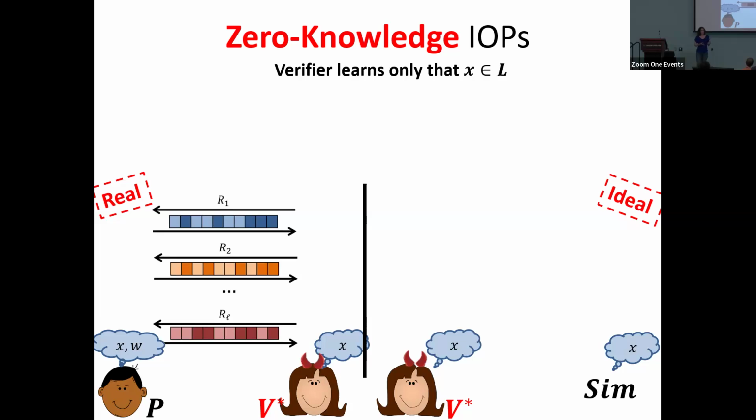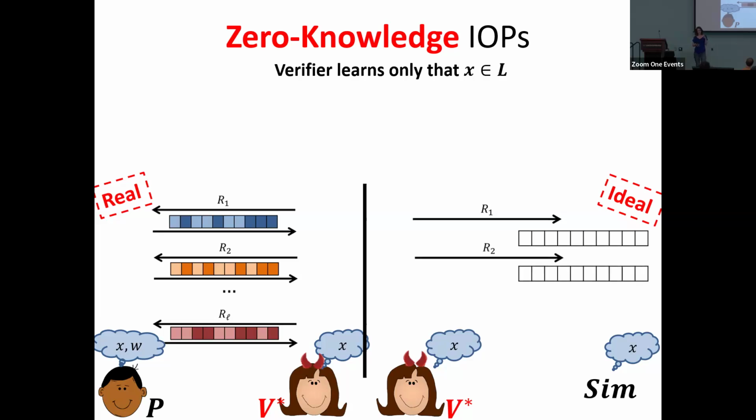So this is what happens in the real world. In the simulation, the verifier interacts with the simulator, so she sends over her messages, but the simulator doesn't have to generate these oracles. Instead, only when the verifier makes a query, the simulator needs to simulate just the answer to this query. And in the end, we want the real and simulated views to be indistinguishable.